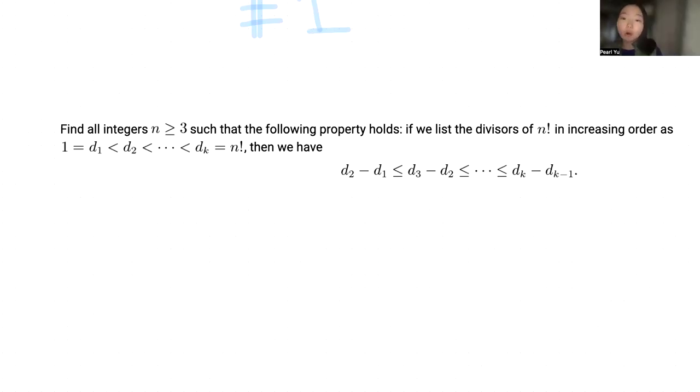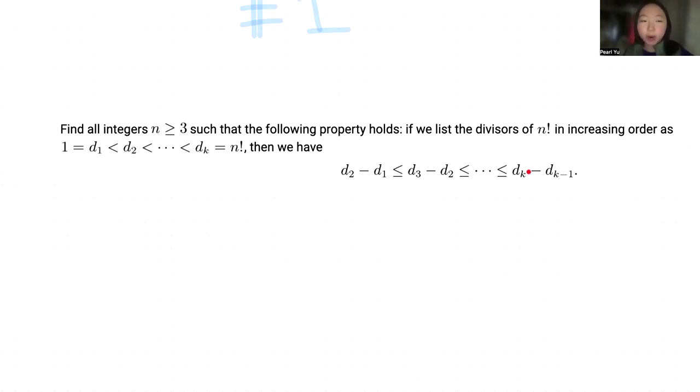So if we list out all the divisors of n factorial in increasing order, say from d1 and then d2 all the way to dk, where d1, the smallest divisor, is of course 1, and the largest divisor is of course n factorial, then we have that d2 minus d1 is smaller than or equal to d3 minus d2, smaller than or equal to all the way to dk minus d(k-1).